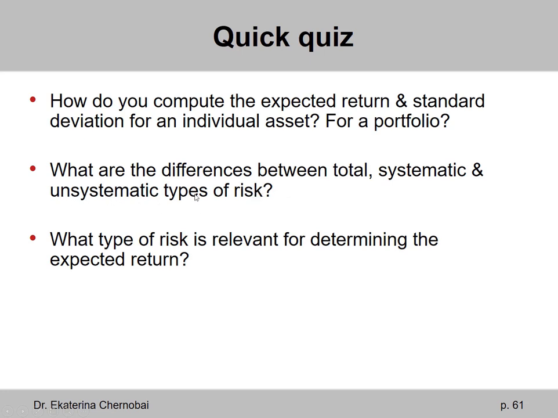And what we mean by that is we can cancel out any low returns of this type, caused by unsystematic events specific to the company. We can cancel them out with gains from other stocks in our portfolio.